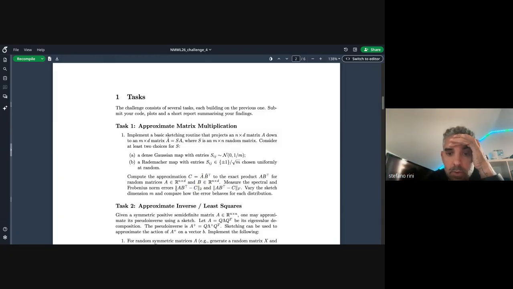And then we look at the difference between the original A times B transpose product and the approximated product using the sketching matrix. As m changes, you will see that the error decreases very, very quickly.